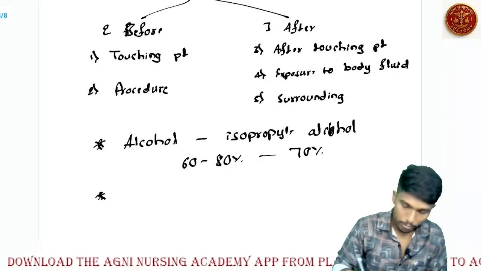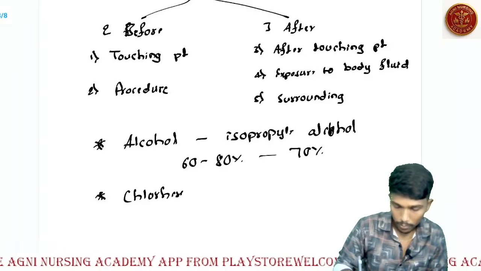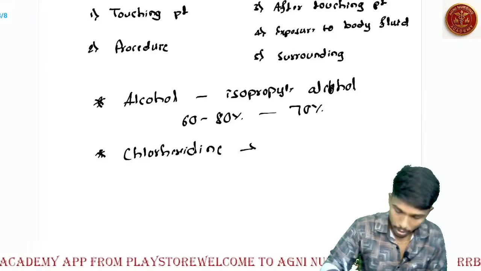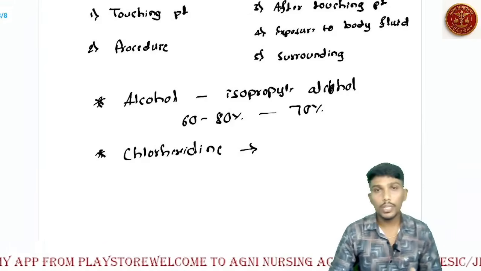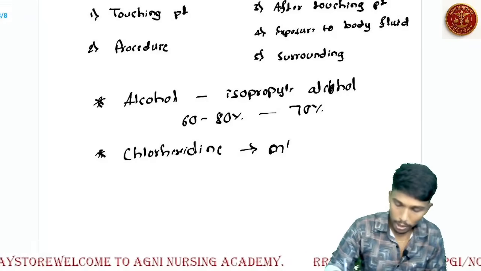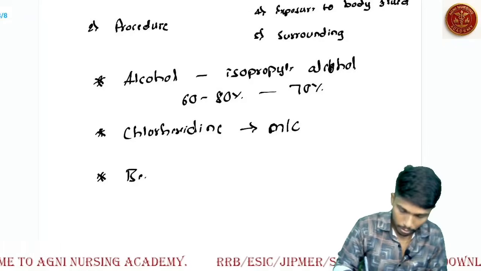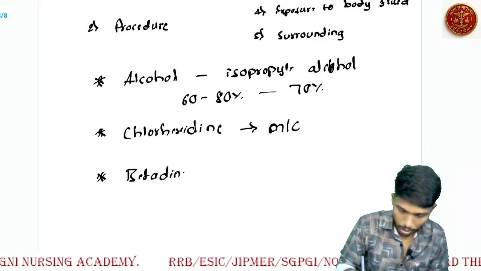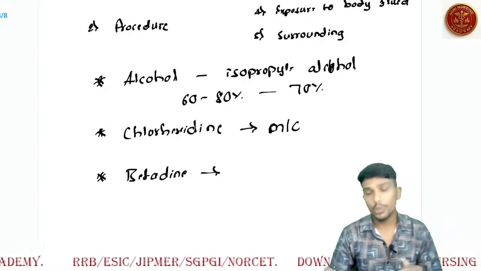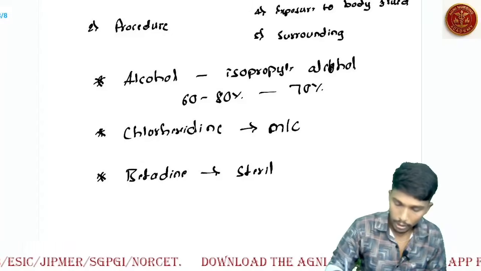And we can use chlorhexidine solution. Nowadays in clinical practice, chlorhexidine is the solution most commonly used for hand hygiene. Then next one, betadine. We use betadine in procedures requiring high sterility. For sterile procedures we have to use betadine.